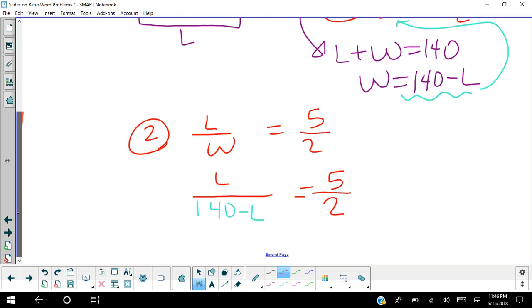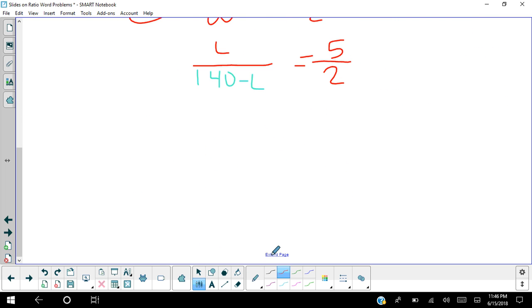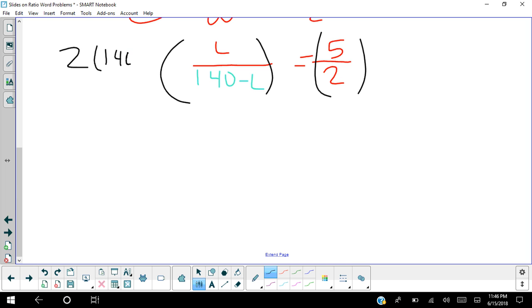Again, you can cross multiply. I'm going to show the strategy of just multiplying by the LCD on both sides, because that works for any fraction equation. The LCD here is 2 times the quantity 140 minus L. If you were going to get a common denominator for this, you'd have to incorporate both of those pieces.